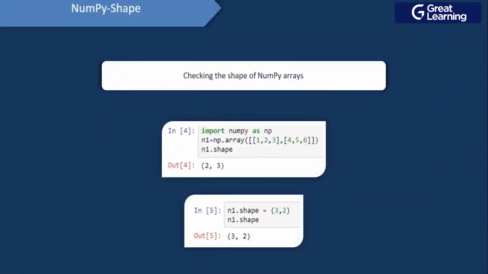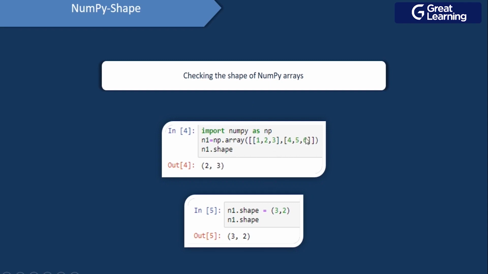That was all about initializing a NumPy array with different methods. Now you can also go ahead and check the shape of a NumPy array. And to check the shape of a NumPy array, we have the shape method, which again is very intuitive. So here we are creating a NumPy array where we are passing in a list of lists. So in the first list we have 1, 2 and 3. In the second list we have 4, 5 and 6. So obviously we will have a NumPy array with 2 rows and 3 columns, and this is what n1.shape gives us.